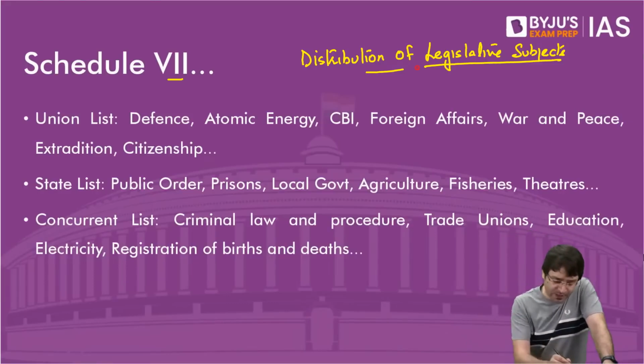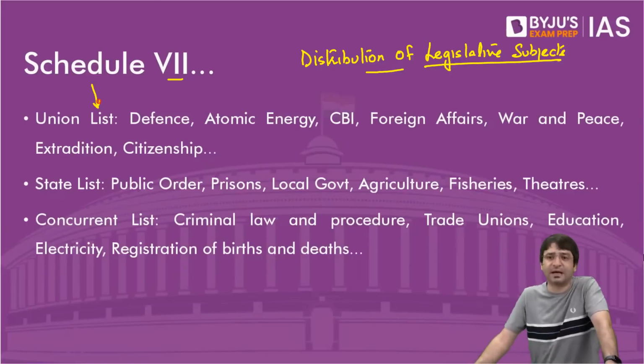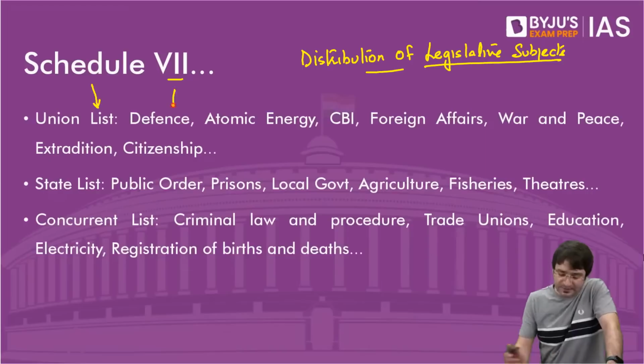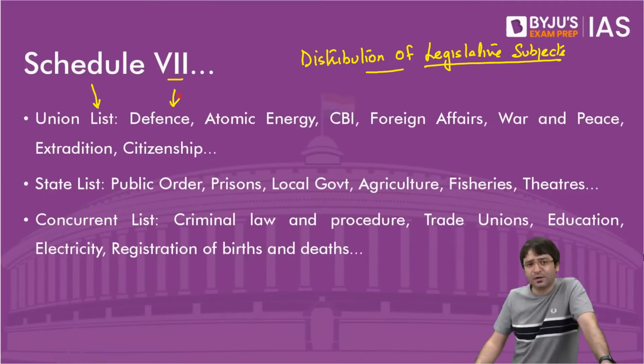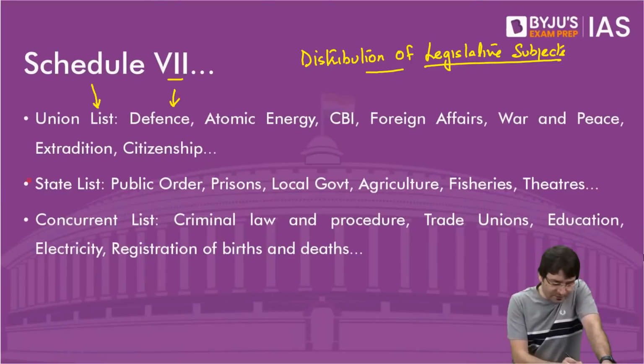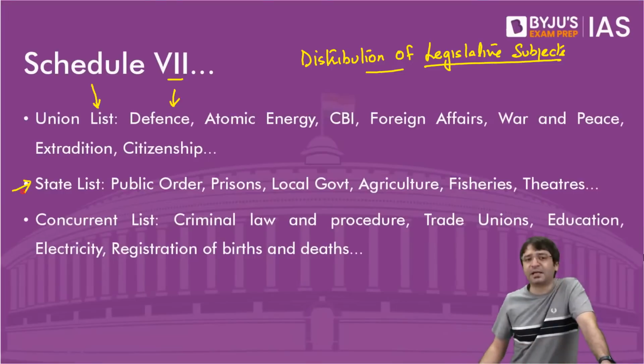Those items where parliament has the sole power to make laws are in union list. For example, defense, atomic energy, foreign affairs, communication, banking, insurance. Those areas where the state has the power to make laws are under state list.